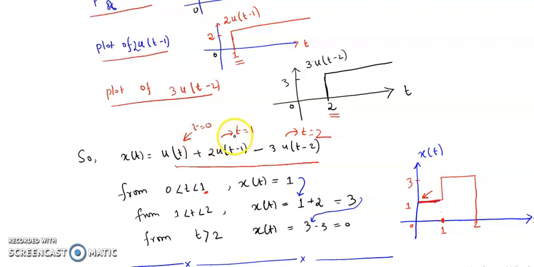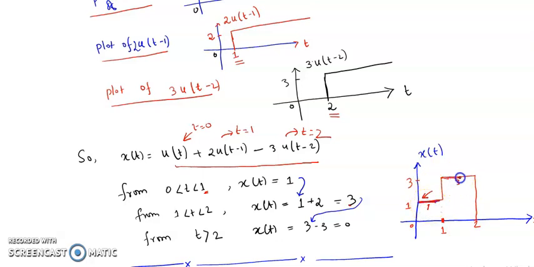So from 1 to 2 we have two parts of the signal, this part and this part, and this signal is not started yet. If we add these two signals, its value is 1 and its value is 2 into 1, which means 2. So from 1 to 2 we will have 1 plus 2 is equal to 3. The value of x(t) is 3. That is why we are plotting here from 1 to 2 the value 3. Earlier it was 1 here, now it is 3.